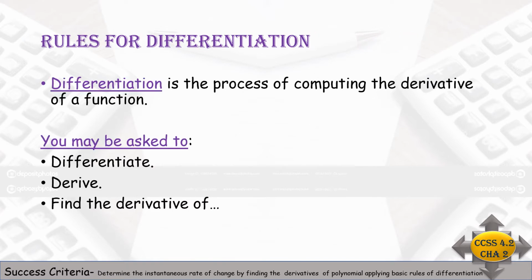Differentiation is the process of computing or finding the derivatives. We may use terminologies like find the derivative, differentiate the function, or find the derivative of a function at a particular point, and so on.